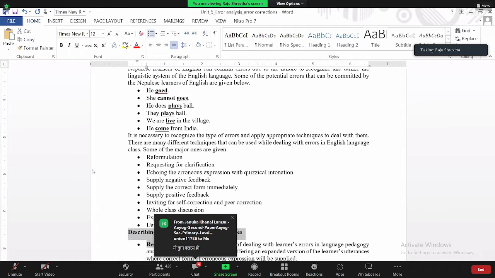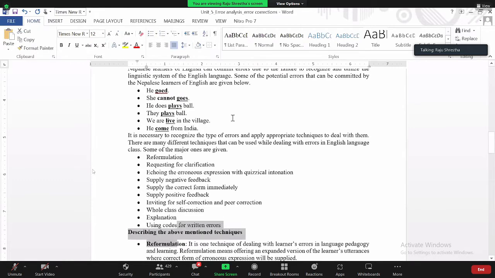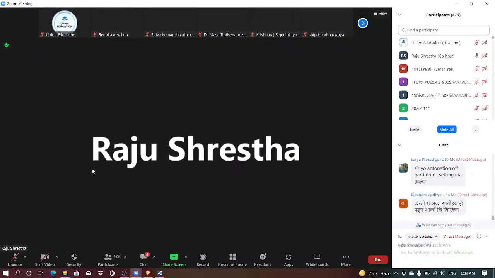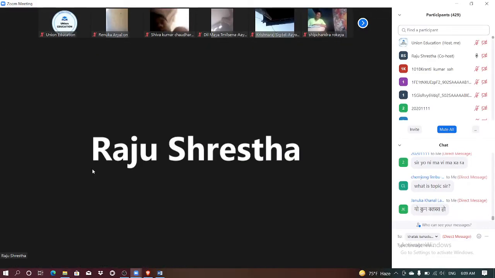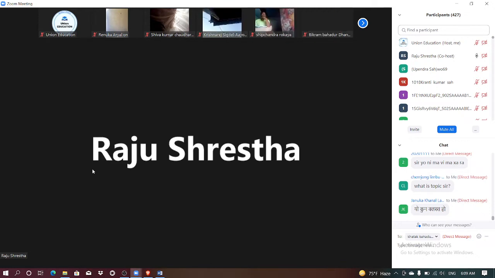These techniques I brought from some books. If you feel like looking, you can see this book. For example, error correction techniques. I will show you two books; you can get support from here. How to Teach Grammar is a very useful book; you can use it in grammar teaching also.